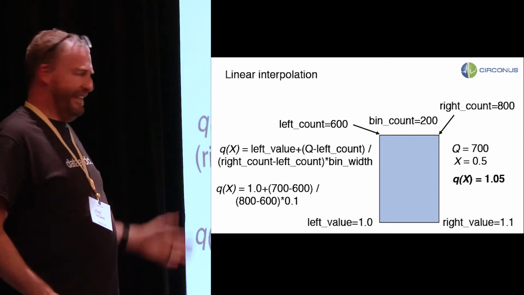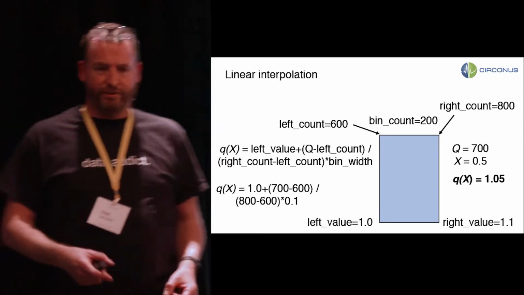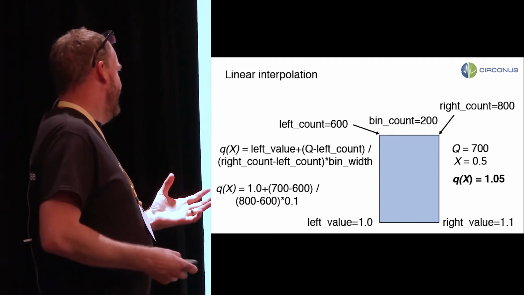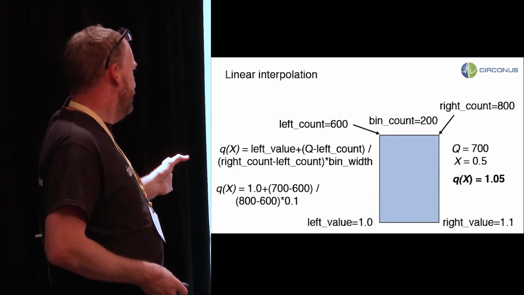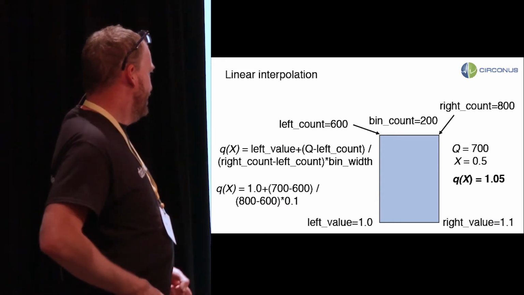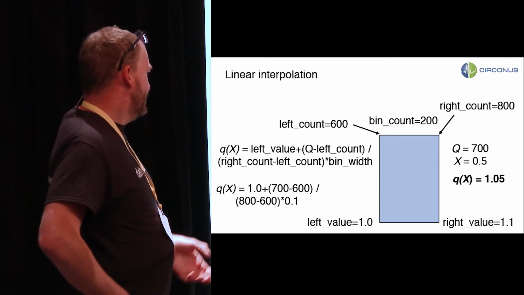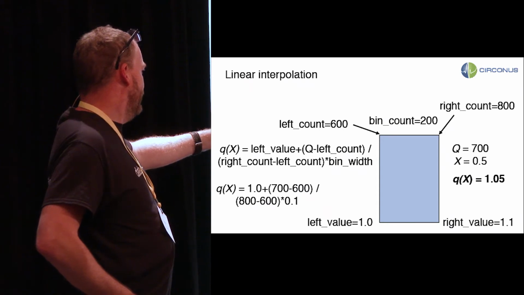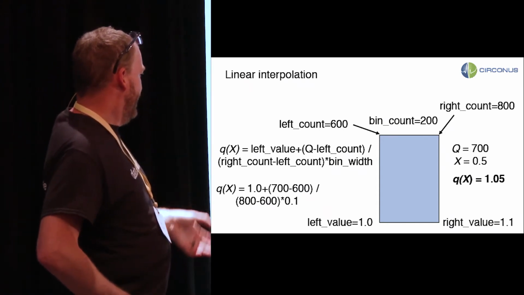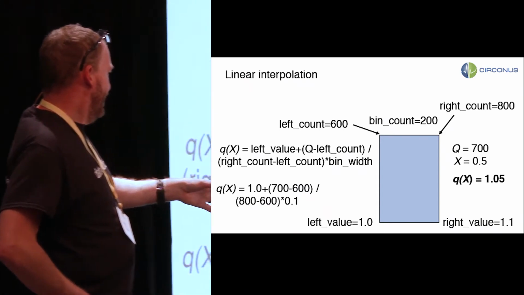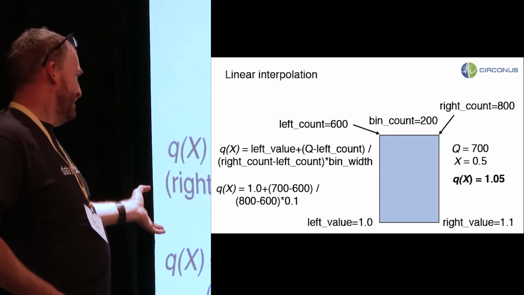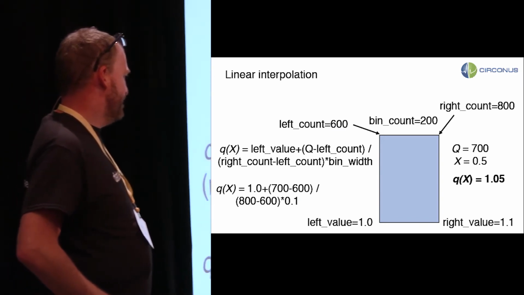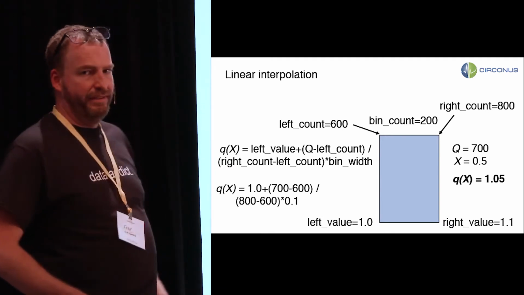I dove into this, and this is directly from the code, if you guys are following along in the code. We basically take the left value of the bin, which is 1.0, add that to 700 minus the count of samples at the left bin boundary, and we divide that by the right bin boundary count minus the left bin boundary count times the bin width, which is 0.1, and that gives us our answer of 1.05.